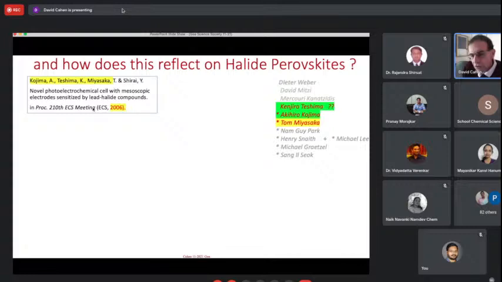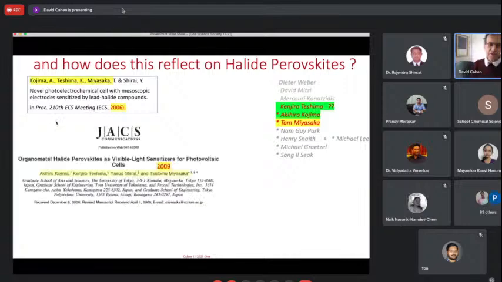Shirai, it is now understood, also from my research and that of others, was a very senior person of a big Japanese project on 2D halide perovskites. He was there as a senior scientist, but did not contribute very much. But we have Miyasaka, who got the prize, Kojima, who got the prize, and Teshima, who didn't get the prize. How does that work out?